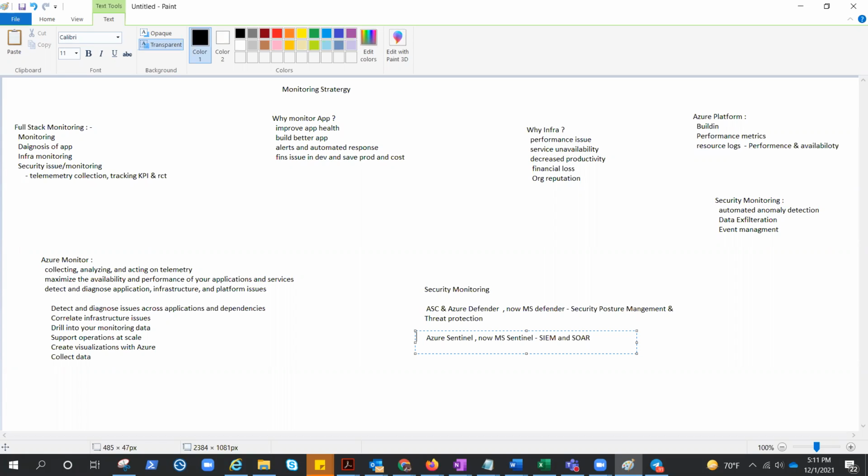We can connect data sources to Sentinel, and these sources include Microsoft services such as Office 365 and Azure Advanced Threat Protection. These sources can also include external solutions such as AWS CloudTrail, or on-premises sources. So it's not limited to Azure only. And you can use playbooks to automate your response to alerts in Sentinel. You can configure playbooks by using Logic Apps.